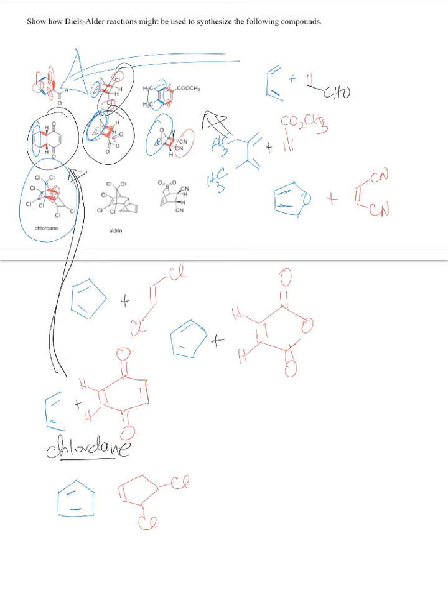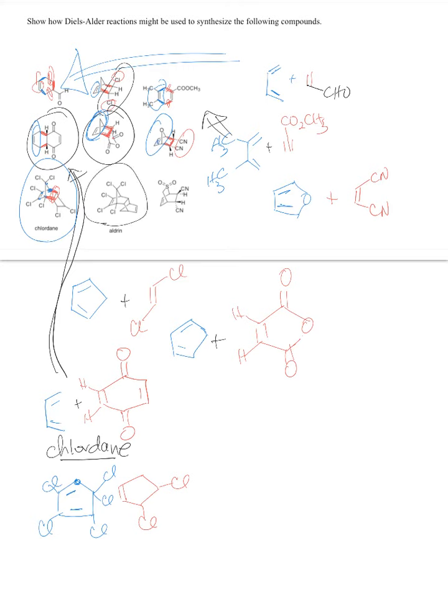And so we have that, and then just get your chlorines on there. So the bridgehead has 2 chlorines. This has a chlorine, that has a chlorine, this has a chlorine. So the only one that doesn't have a chlorine is that one right there. And then you can always check these by working them forward.